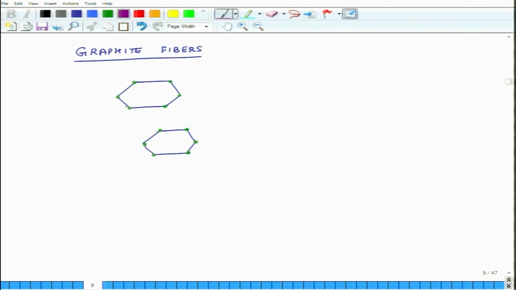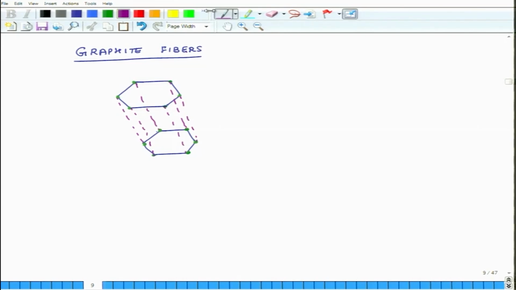So, this is connected to this, so it is like this, and then there may be another ring of carbon atoms in a hexagon on top of it and also on the bottom of it.